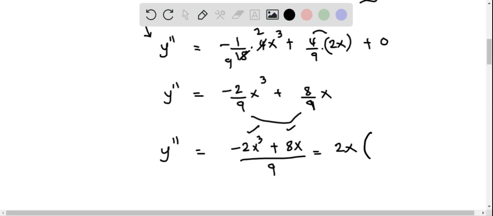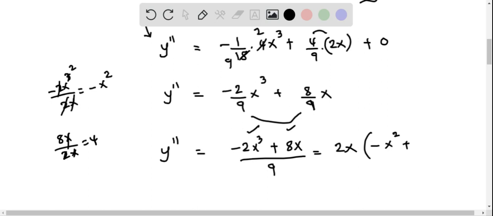When we factor 2x, we divide the term negative 2x cubed by 2x. So this 2 and this 2 get cancelled, and x cubed divided by x is x squared. So the first term is negative x squared. And similarly, we divide 8x by the GCF, which is 2x, and this equals 4. So we have 2x times negative x squared plus 4 after factoring out the GCF, and this is divided by 9.